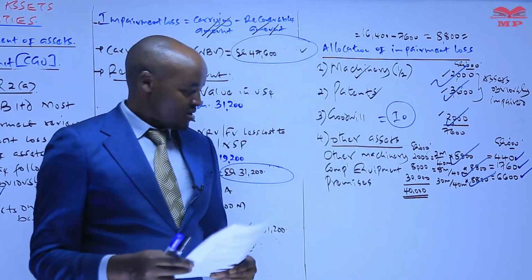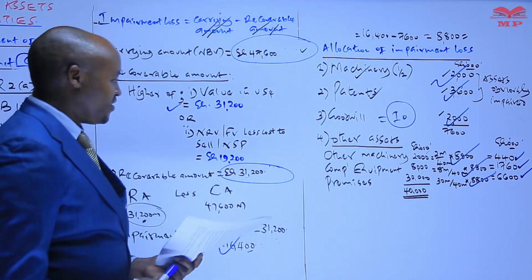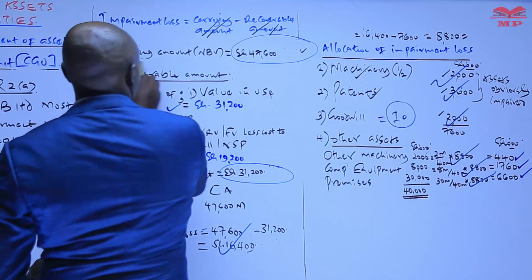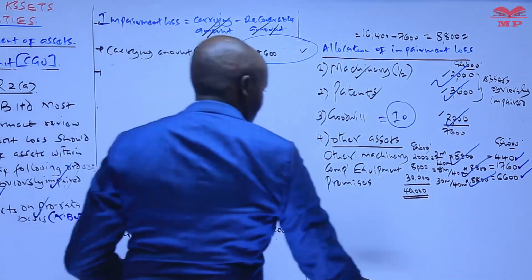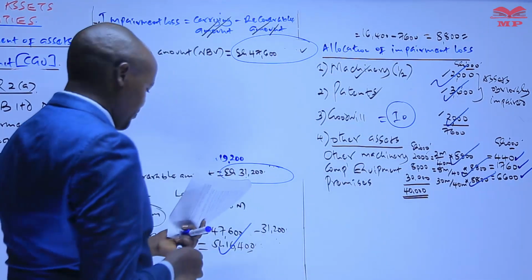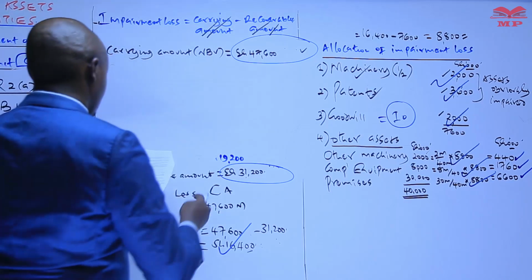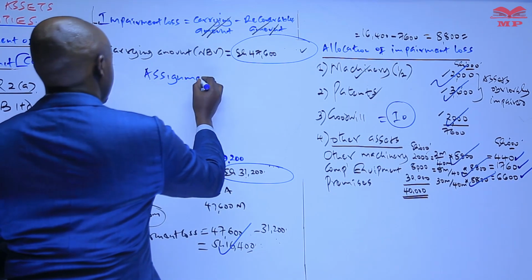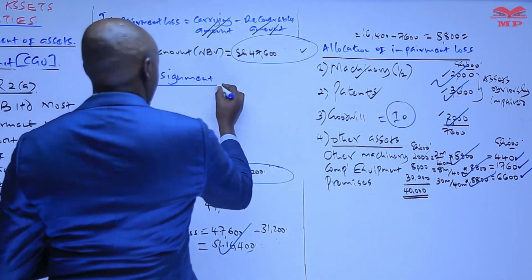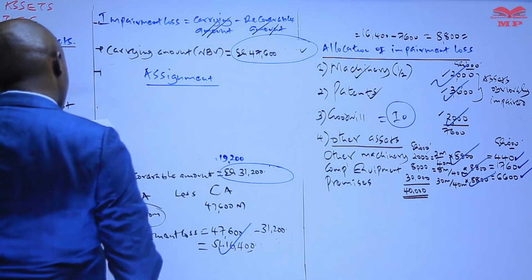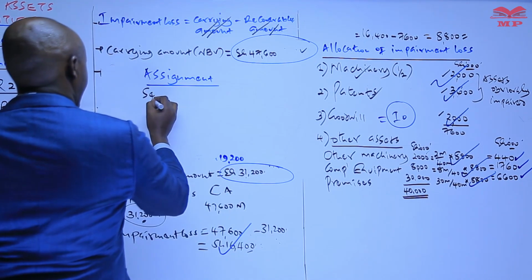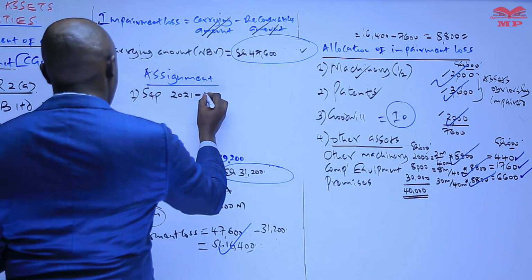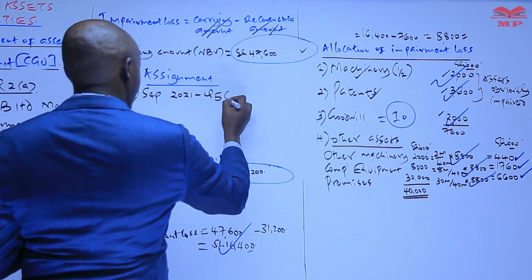But before we end our class, I want to give some assignment. These are some questions from the past papers. Make sure you attempt those questions. We have 2 other questions on this. The first question is for September 2021, question 5B.